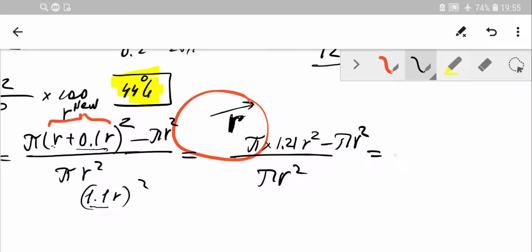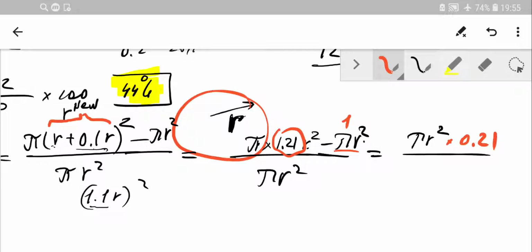So how much will I have in the numerator? Pi r squared is the common factor. And simply, I will have 1.21, I subtract 1 here, because we factorize pi r squared. And I will be left with 0.21, and I divide by pi r squared, so that's the final answer.